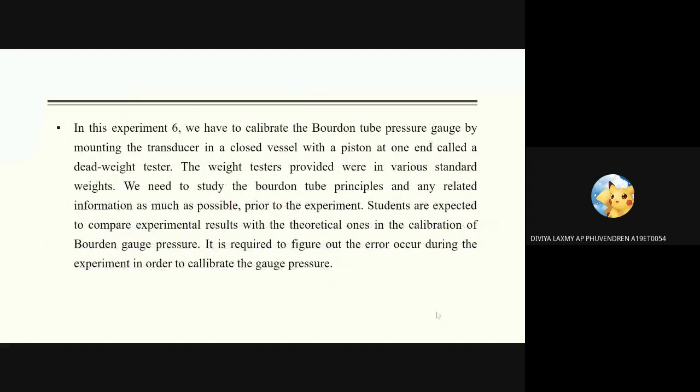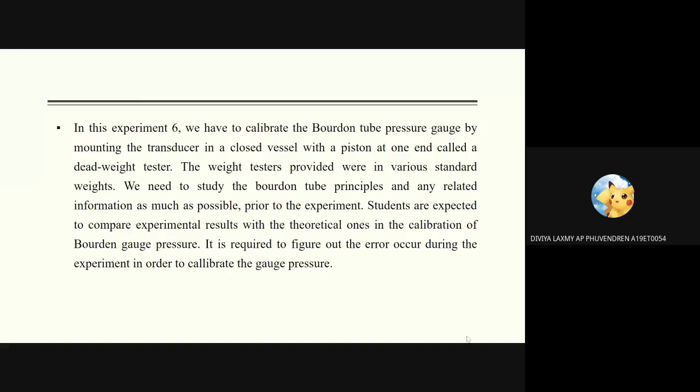Next, in this experiment 6, we have to calibrate the Bourdon tube pressure gauge by mounting the transducer in a closed vessel with a piston at one end, called a dead weight tester. The weight testers provided were in various standard weights.